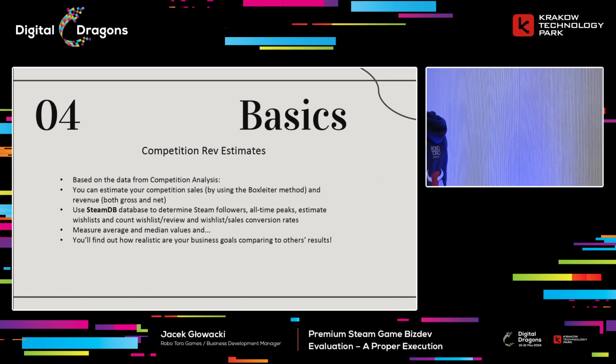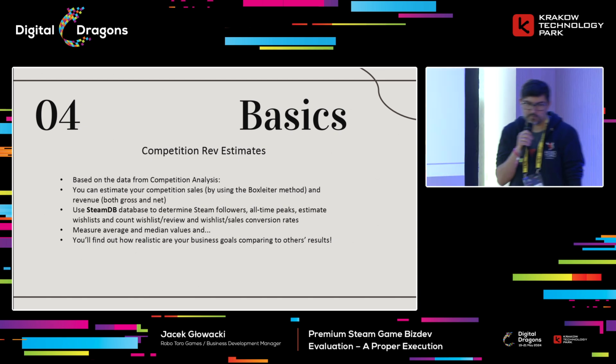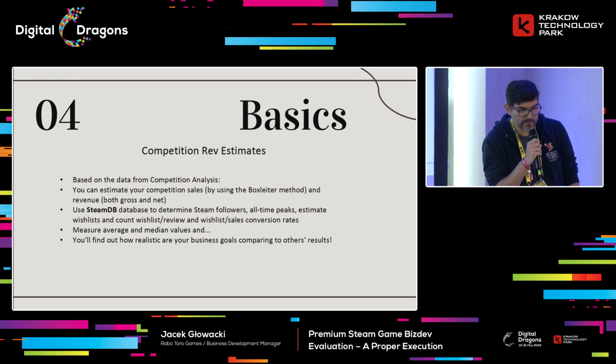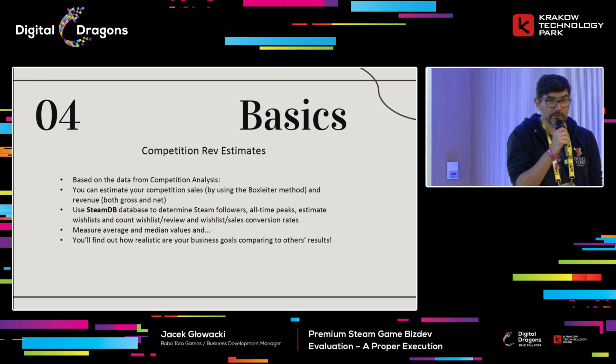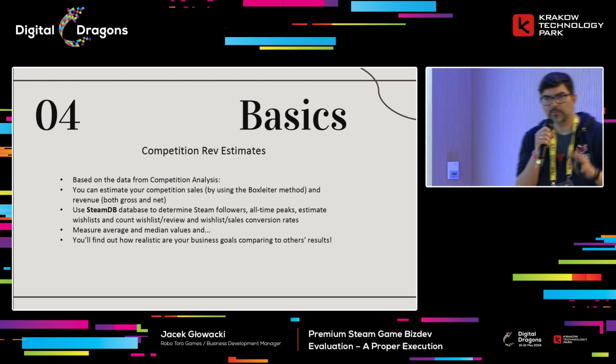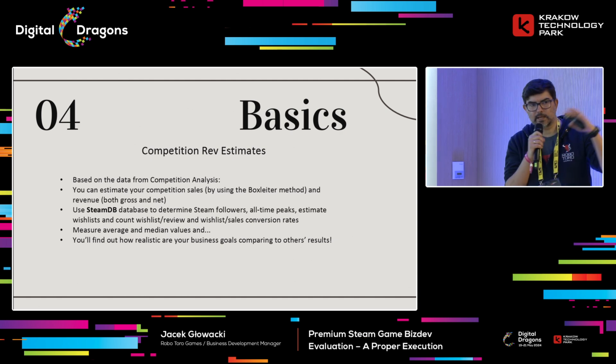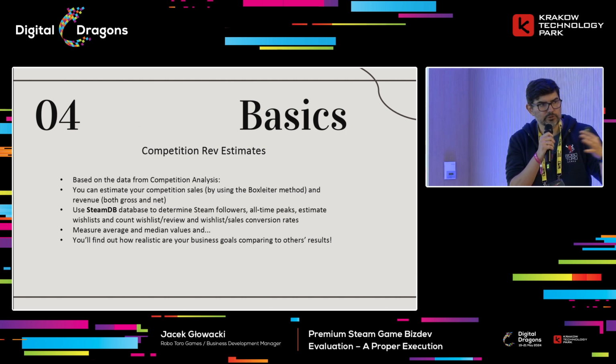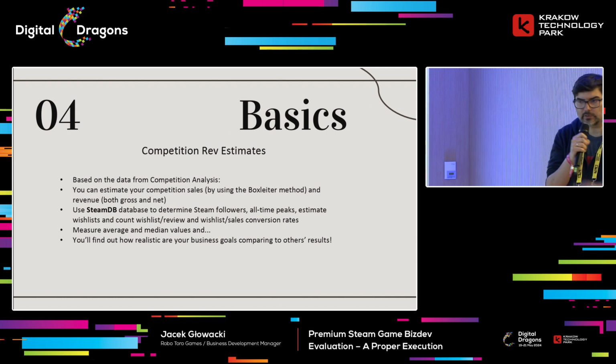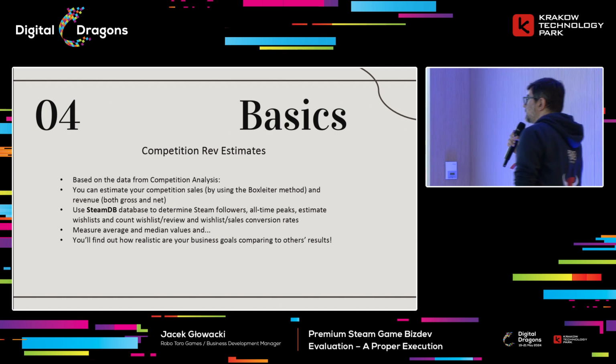Of course, we can use the Boxleiter method or Boxleiter ratio. Again, I think it's the best methodology for a start, just for a start. But when you make more analysis, you'll find mistakes, you'll figure out maybe better solutions, better methodologies, and you'll change that. But for a start, Boxleiter is probably the best.